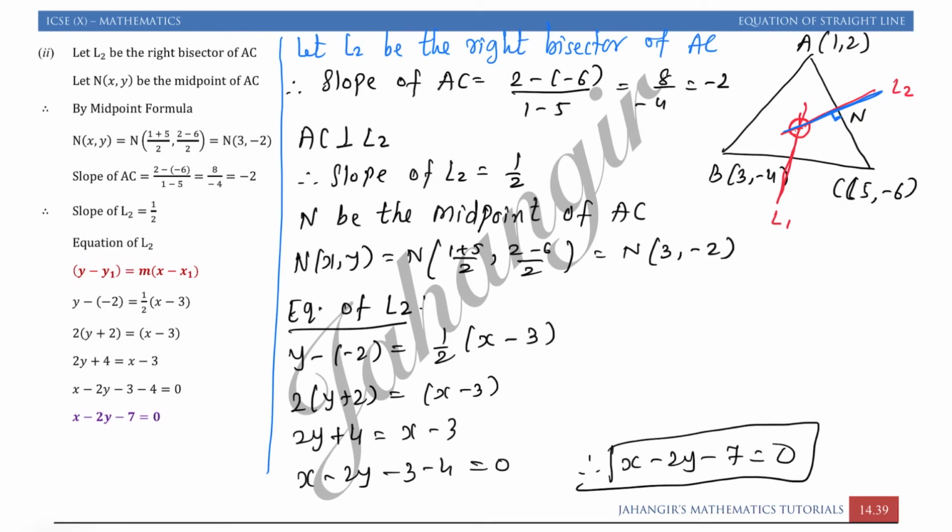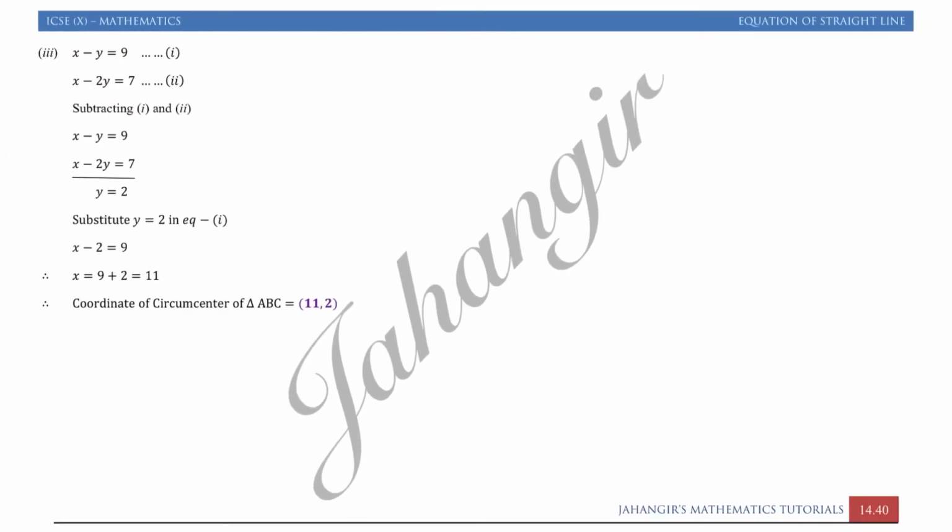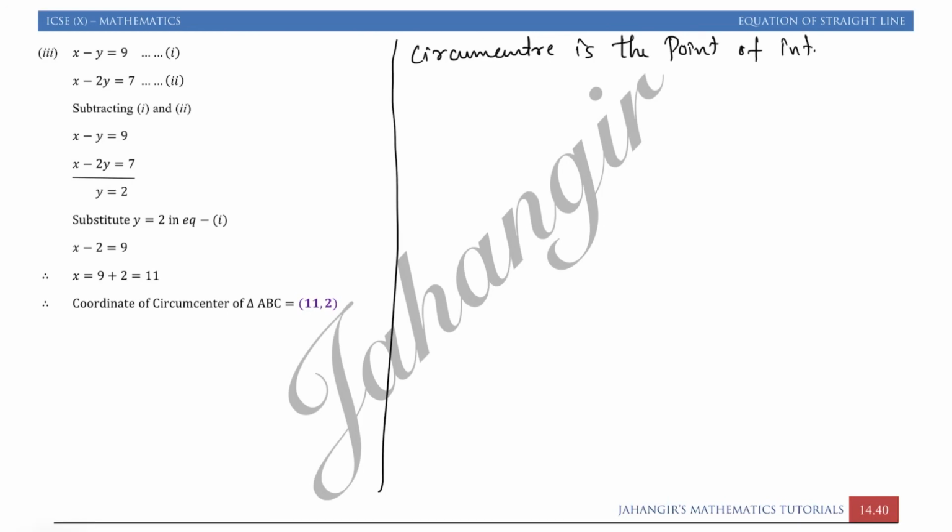Now we will find the orthocenter. So first I will write, sorry, circumcenter. We have to find the circumcenter. So circumcenter is the point of intersection of perpendicular bisectors.